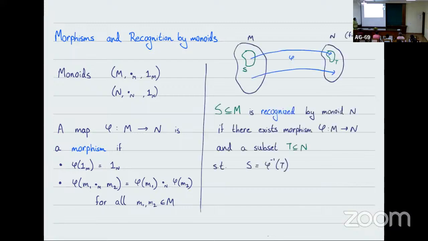So let's say you have a subset S of a monoid M, and you have a monoid N. What does it mean for S to be recognized by N?